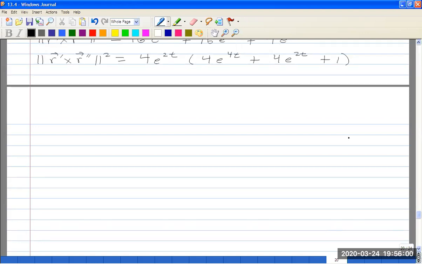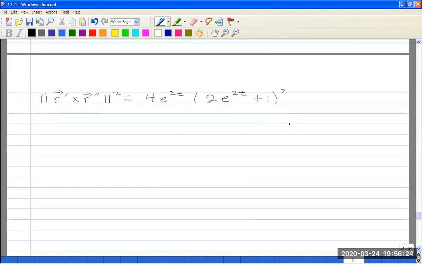So the norm of r prime cross r double prime squared is 4e^{2t} times (2e^{2t} plus 1) squared.